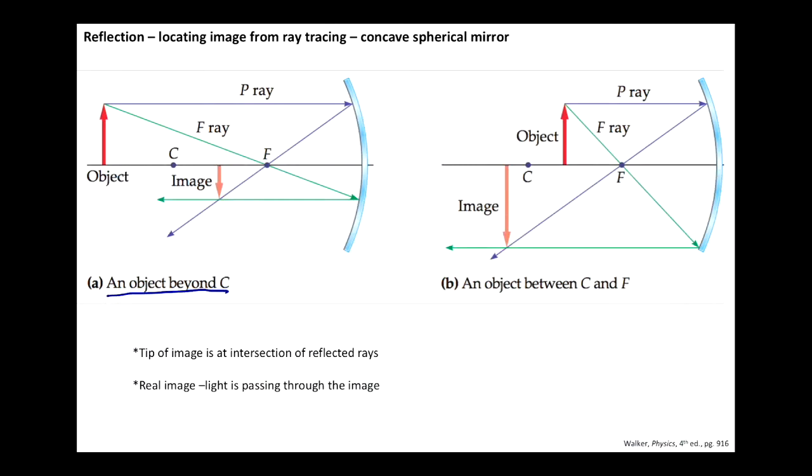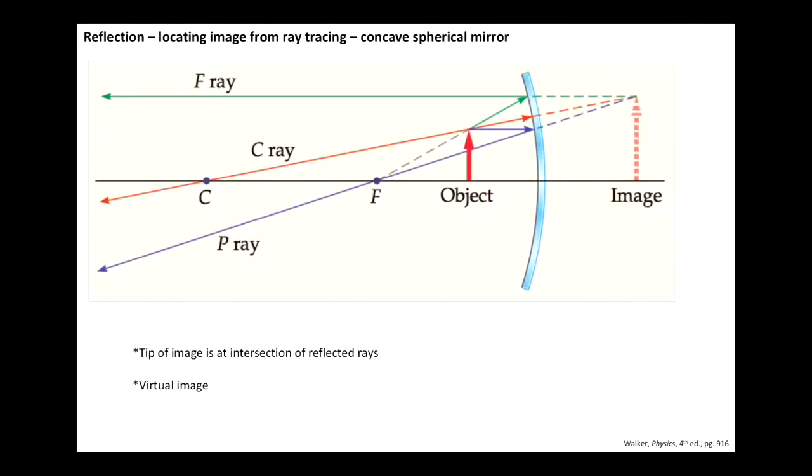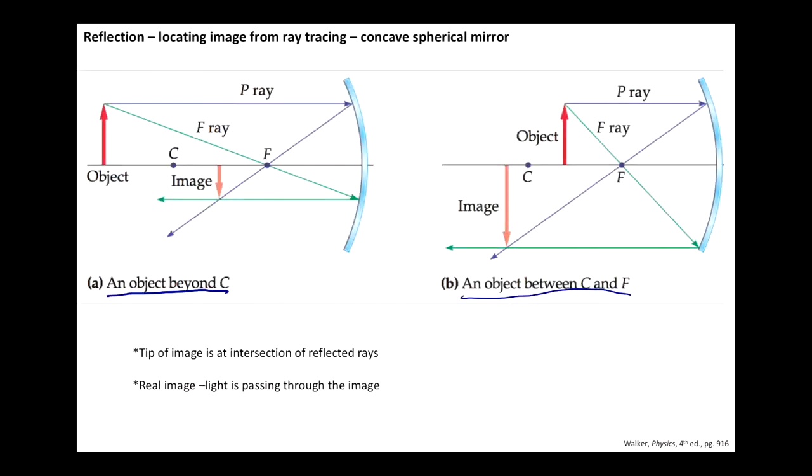The second one is if I have an object that happens to be in between the center of curvature and the focal point for the concave mirror. And then on the next slide, in this case, I didn't write it here anywhere, but you'll notice my object is closer to the mirror than the focal point itself. Okay? So 3 different ranges. Greater than C, in between C and F, and less than F. We've got 3 different cases that happen.